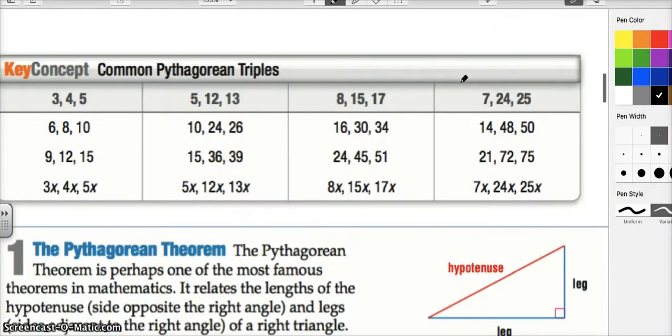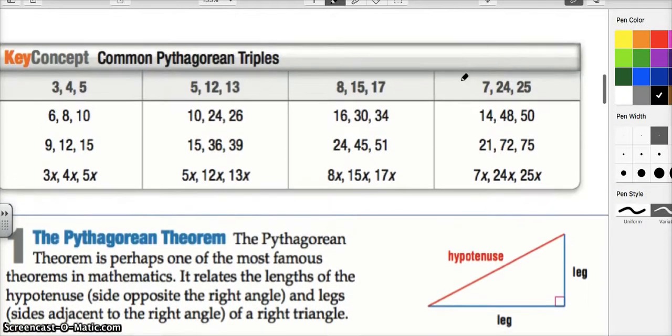Here is a more extensive form of Pythagorean triples. You can see these are the ones I had down, and I'm going to refer to these as Pythagorean triple parents. If you take these as the parents, you can generate more by multiplying each of these by some x term.